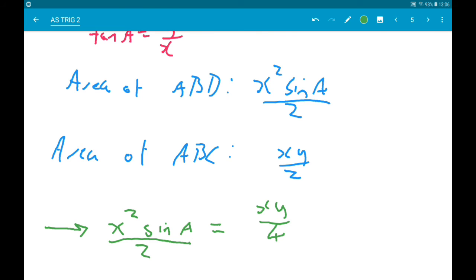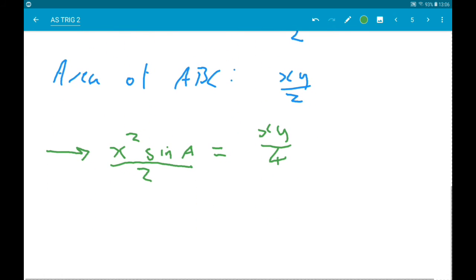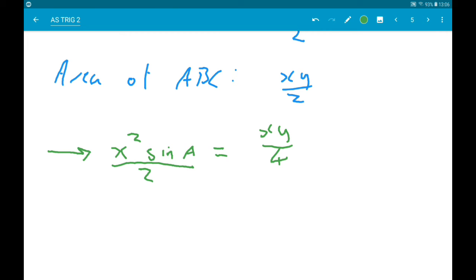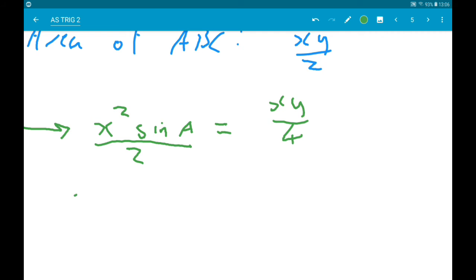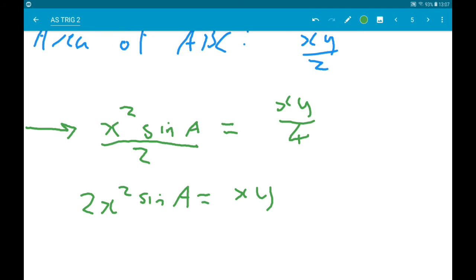Okay, now if we multiply through by 4, then we get 2x squared sine A is equal to xy, and then divide through by x squared, we get 2 sine A is equal to y over x, which, remember, was tan A. Done.